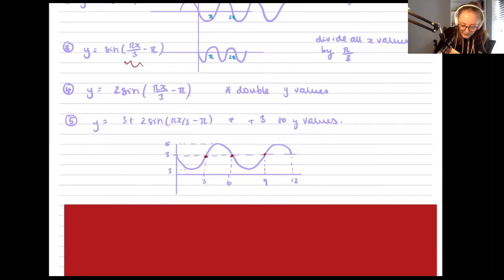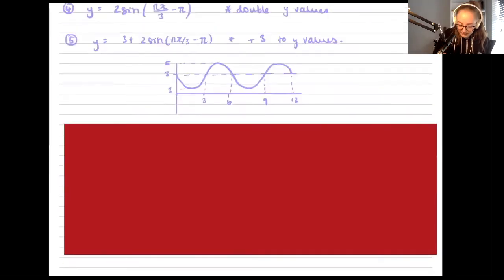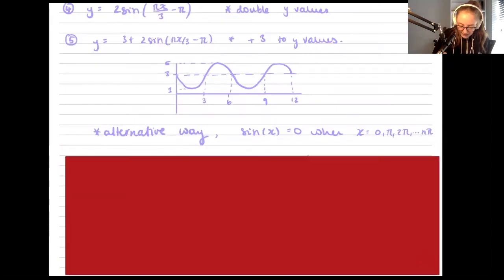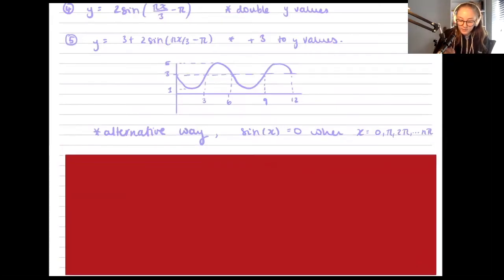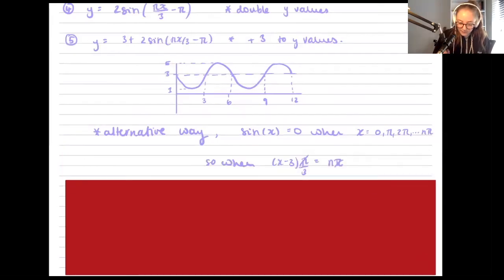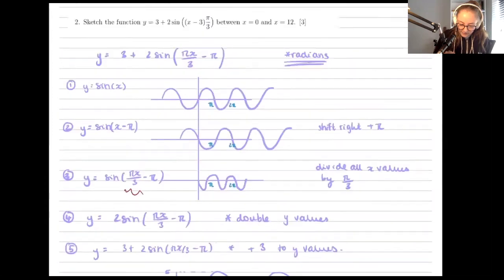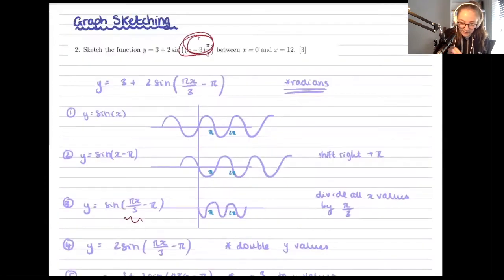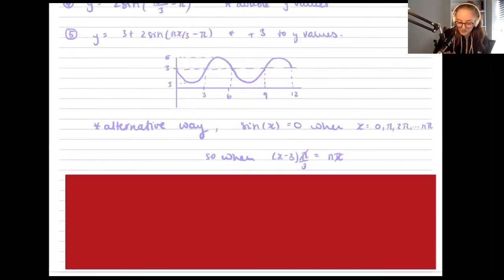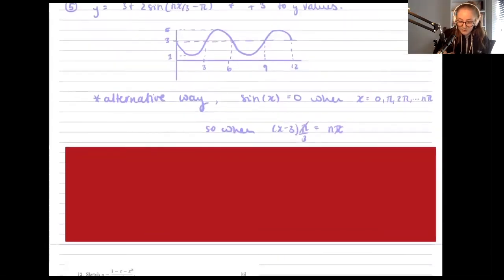So a different way of looking at what's happening on the x-axis is to say, well, we know that sine x is 0 when x is 0, pi, 2 pi, etc. So we know that when this part inside the bracket here is equal to 0, pi, 2 pi, etc., then the graph is going to be 0.